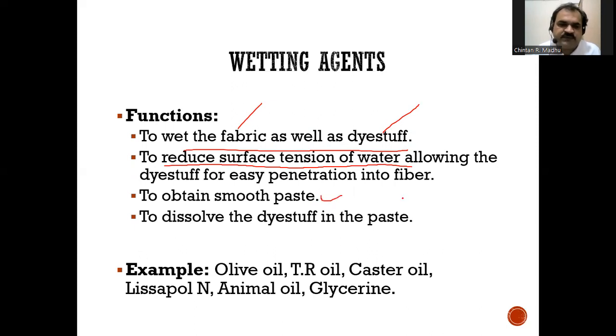Smooth paste is of course our motto, and it will also help to dissolve the dye stuffs in the paste. Examples of wetting agents are olive oil, TR oil, that is turkey red oil, castor oil, Lisapol N, animal oil, and glycerin. Generally, TR oil, turkey red oil, is widely used in industry as a wetting agent.